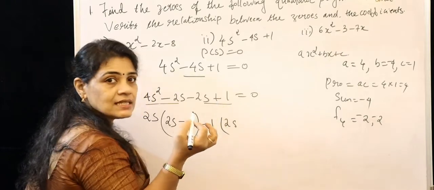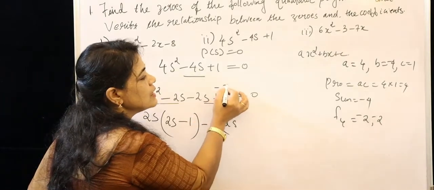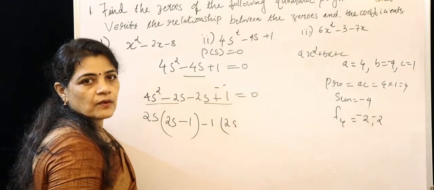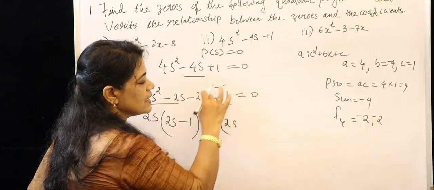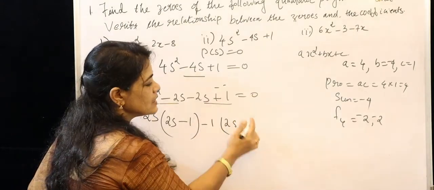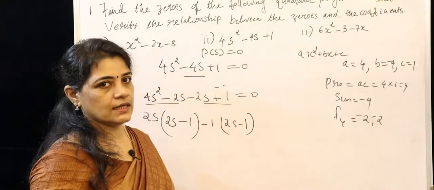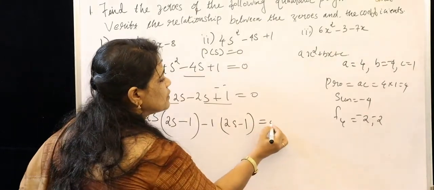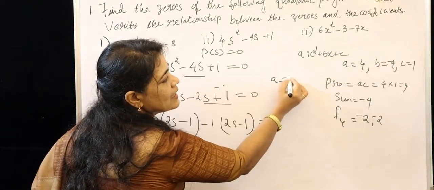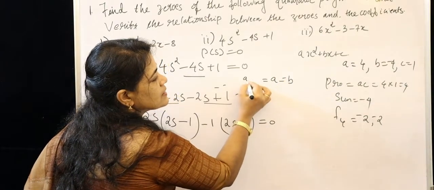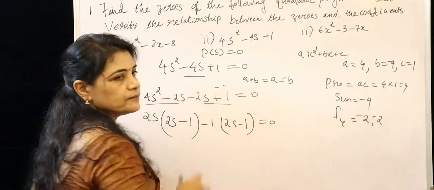And this plus, can we write this as minus? I have taken this minus sign, another minus sign remains there, 1 by 1 is 1 itself, equal to 0, a minus b, this is a plus b.